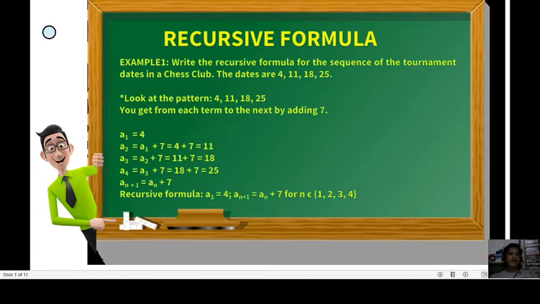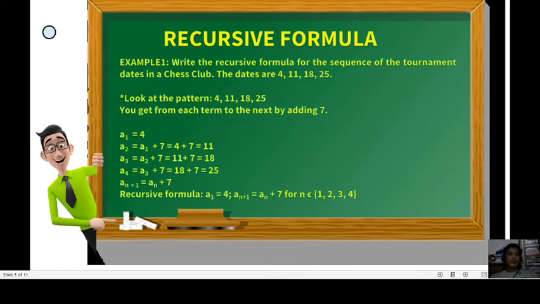So our first term is 4. This first term will be added by 7, so 4 plus 7 equals 11. Our second term is 11. We add 7 again: 11 plus 7 equals 18.